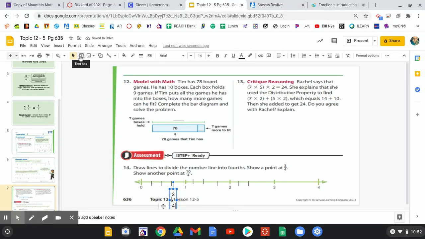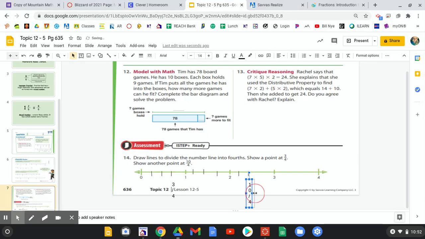And then the next one that I have to label is 10/4, so I just count again. 1, 2, 3, 4, 5, 6, 7, 8, 9, 10. Put this over here. 10/4. It's a little bit bigger, so the 10 is where it needs to be. There you go.